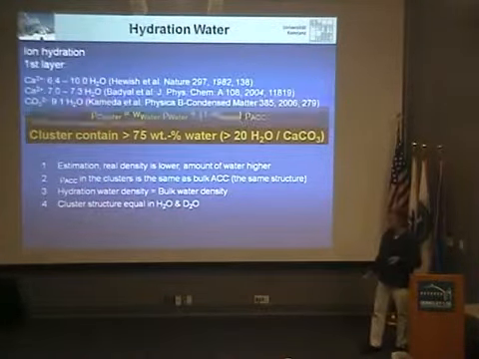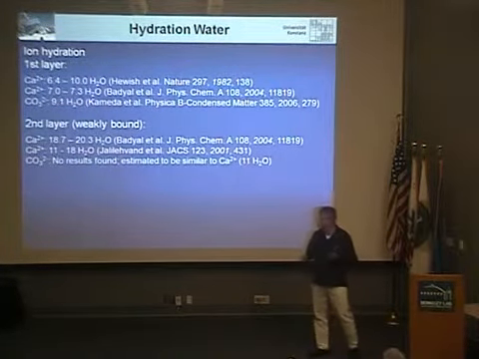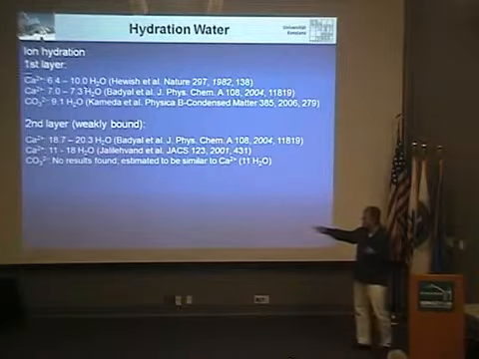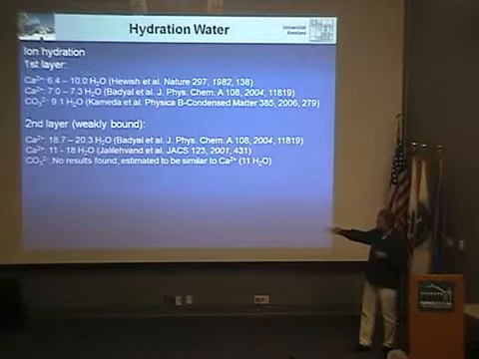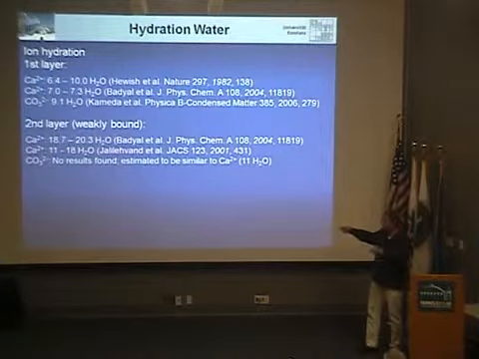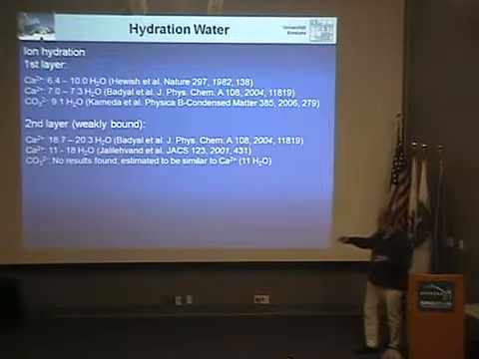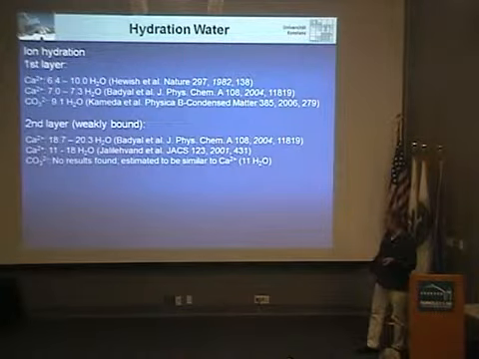Now you can go to the literature and look at published values of hydration water of ions. You can find various information. For example, calcium has about 6 to 7 water molecules associated to it in the first hydration layer. Carbonate has 9. In the second layer, the numbers vary, and for carbonate I couldn't find anything.